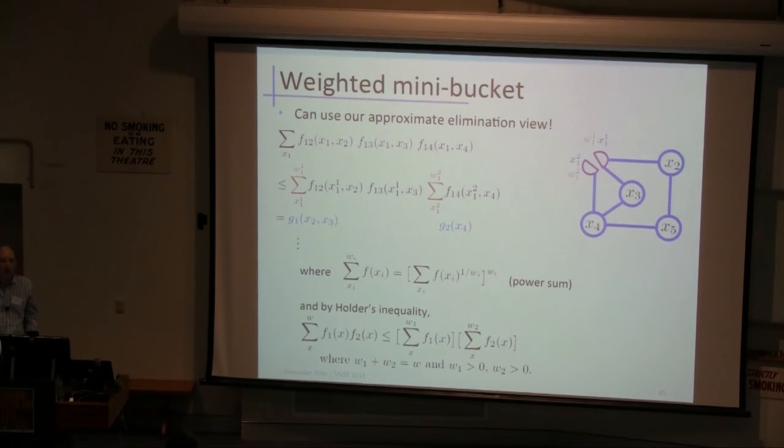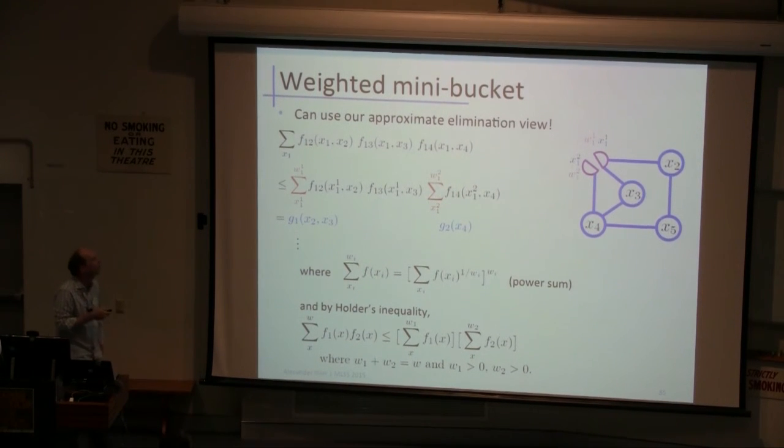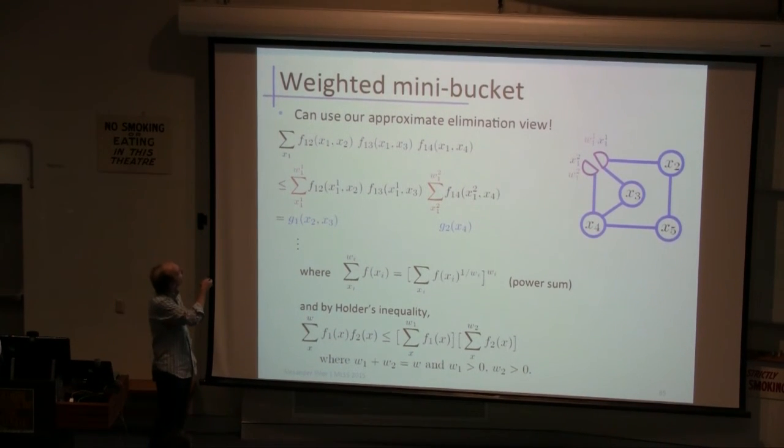To reconnect back to this approximate elimination form, the reweighted bound actually can be viewed as exactly the same approximate elimination that we saw in maximization. So in maximization, we used mini bucket. So we wanted to eliminate over x1 of a product of functions.